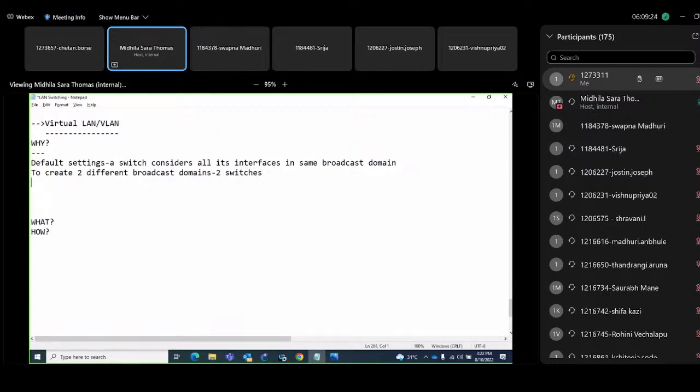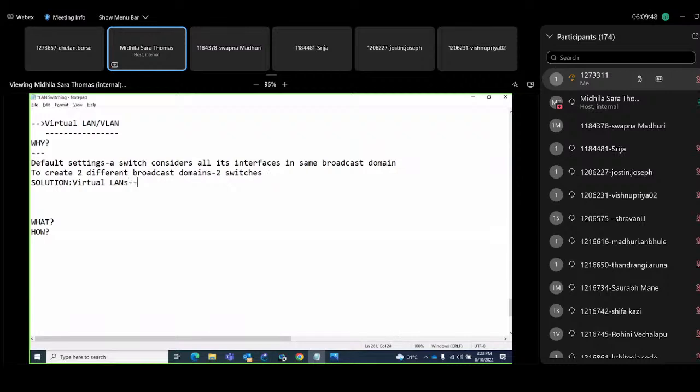I am telling you, there is a solution for this. If I need 5 broadcast domains, should I buy 5 switches? There is a solution for this. What is the solution? This solution is called Virtual Local Area Networks, or VLAN. That is what you are going to learn.